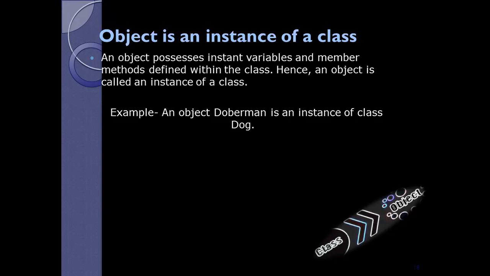So again, the same concept is written here, that an object possesses the instance variables and methods which are defined in the class. And so an object is called an instance of a class. Example, an object Doberman is an instance of a class dog. Now in a class, few characteristics will be defined. Object Doberman will automatically have all the characteristics of the class dog. And so we can say that object is an instance of a class.